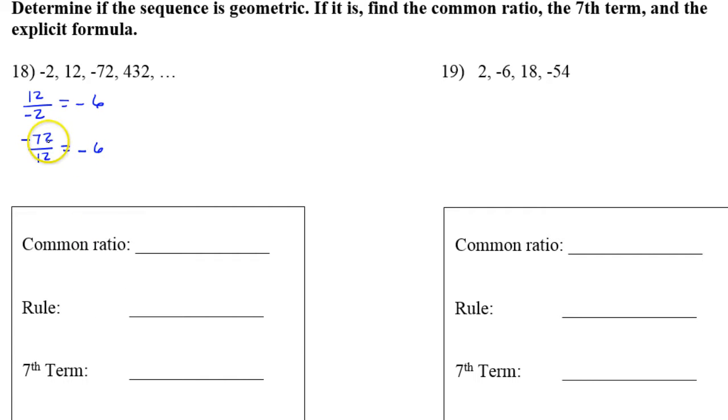Now, if I do the next pair, 432 divided by -72. Feel free to type this into a 4-function calculator, but I think you will find that this is also -6. Because you get the same number every time you divide each term by the previous term, that means it is geometric. So we can just label this geometric.